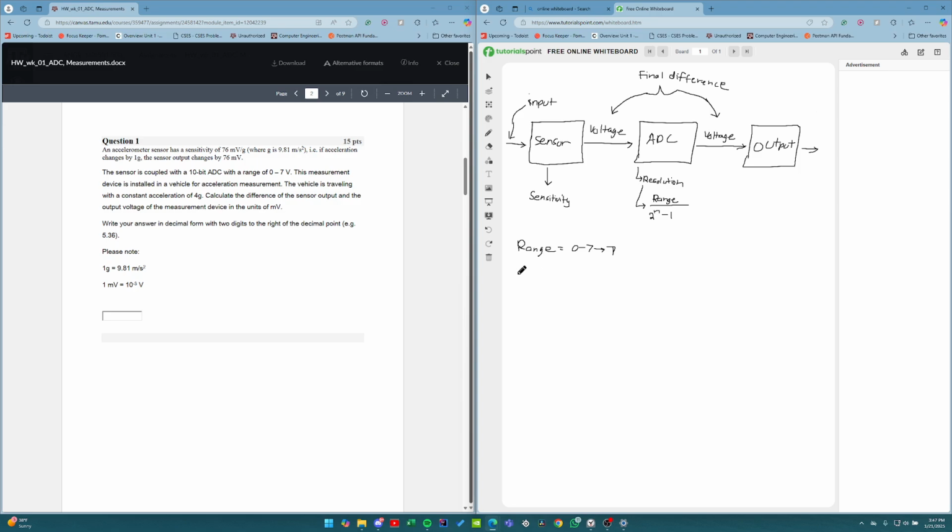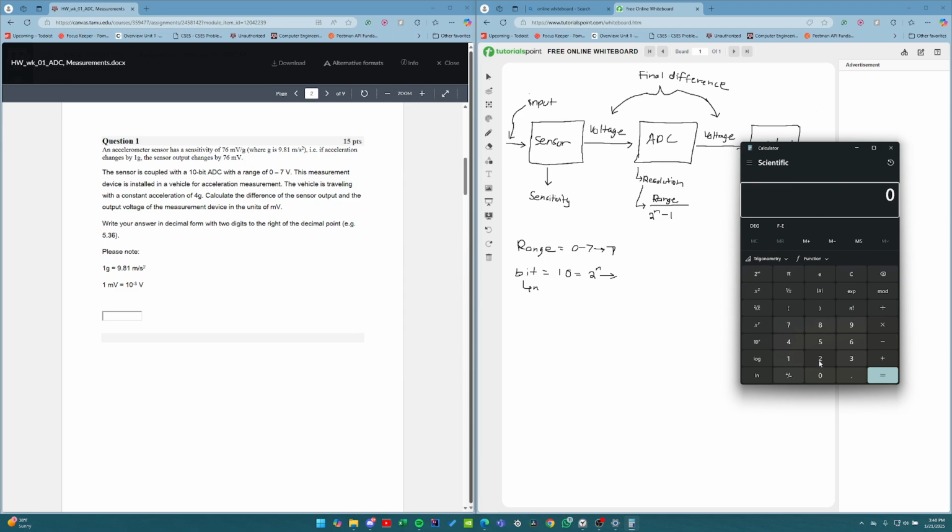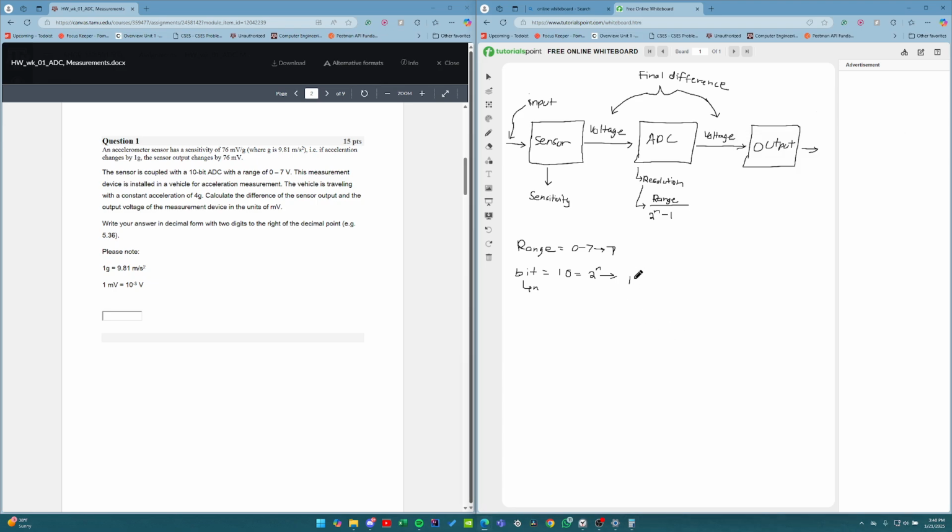Our bit is 10, which is n in this case, so we have 2 to the power of n. Let me grab a calculator. 2 to the power of 10 equals 1024, minus 1, which is 1023.